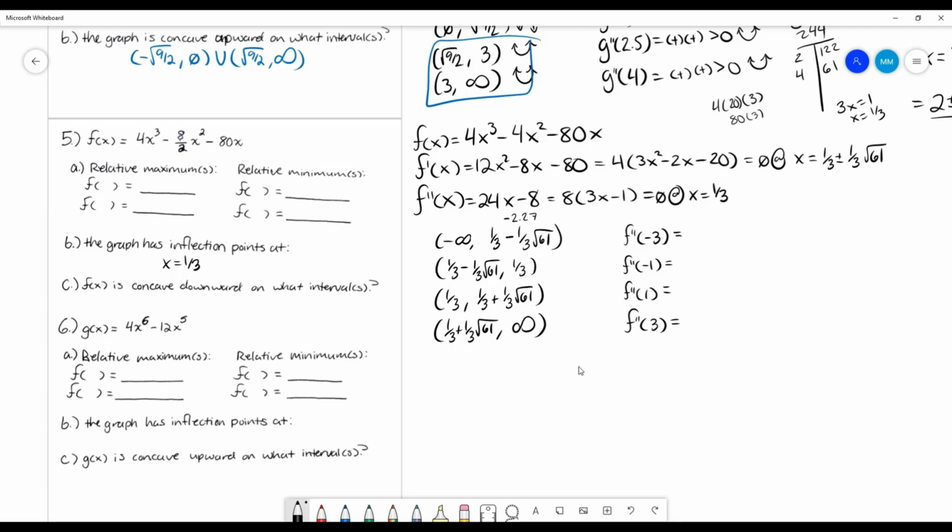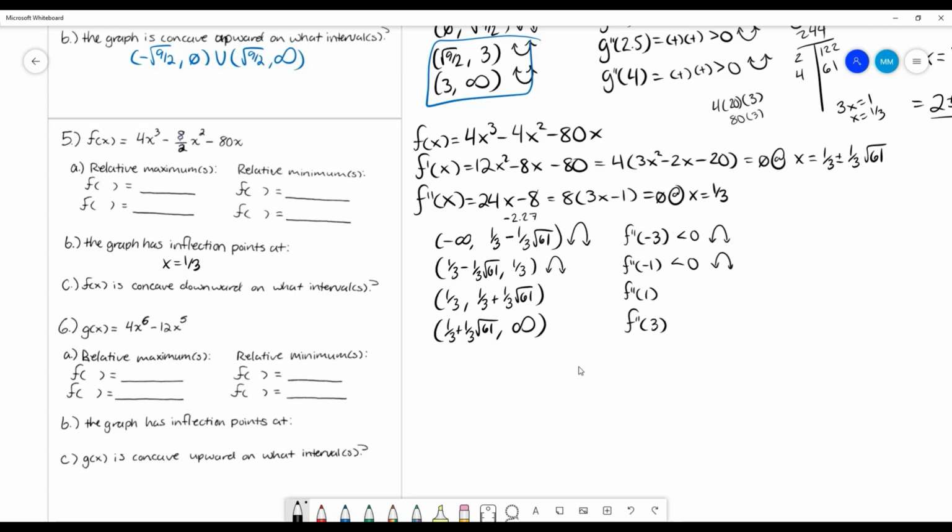If I plug in a -3, that's going to be 8 times -9 minus 1, which is negative. So it's going to be less than 0, which is a maximum, or concave down. Plug in a -1, it's going to be -3 minus 1, which is -4, less than 0.